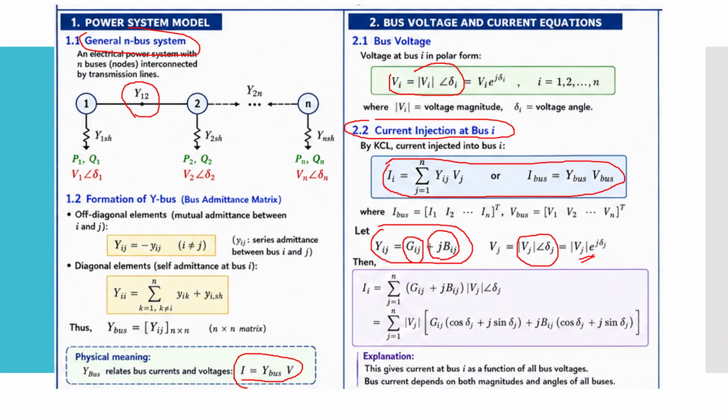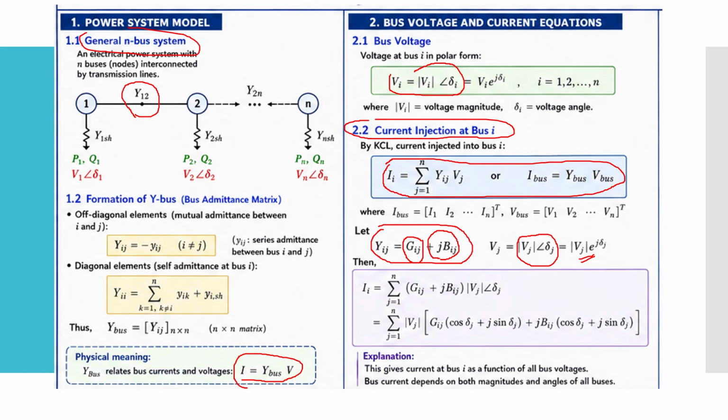So if we want to write it in general terms, Ij is equal to conductance Gij plus the imaginary part of the admittance, times Vj. So we will use this equation to represent the final current and voltage relation.